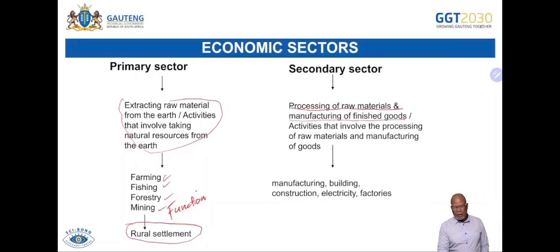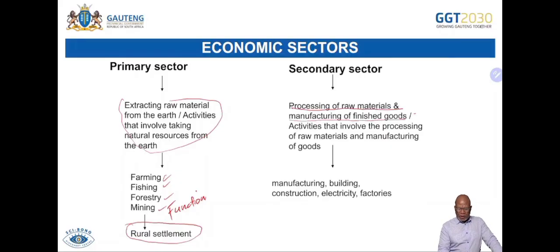So the development of a country, we said, is influenced by what the country exports. If it exports services from tertiary sector and finished goods from secondary sector, the economy will grow.